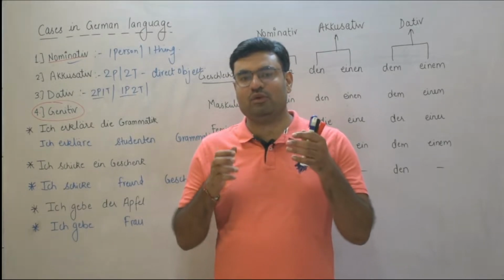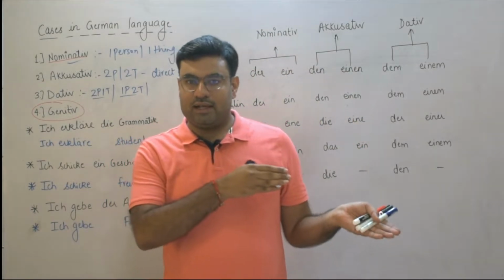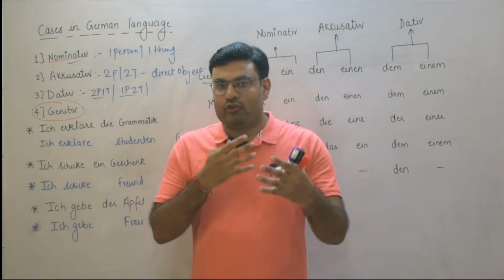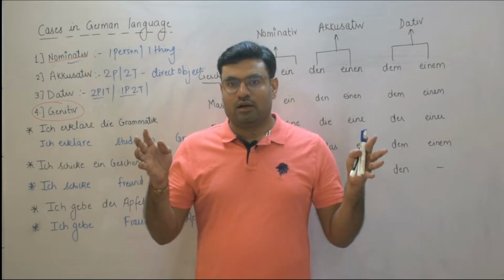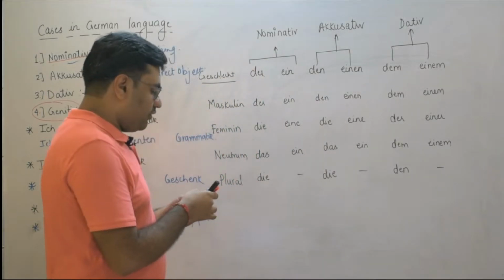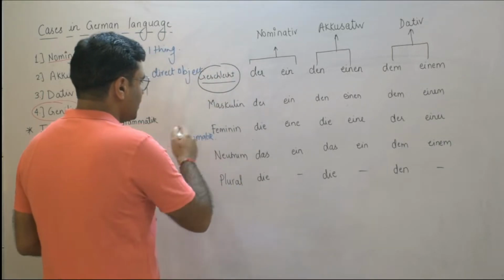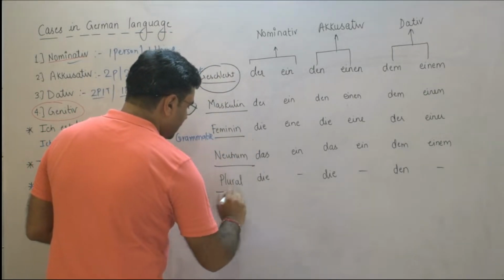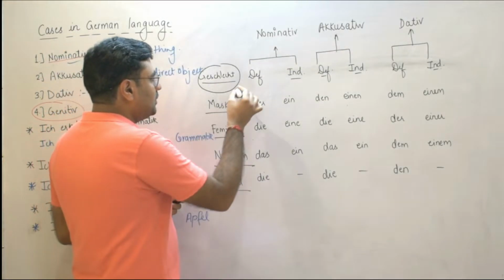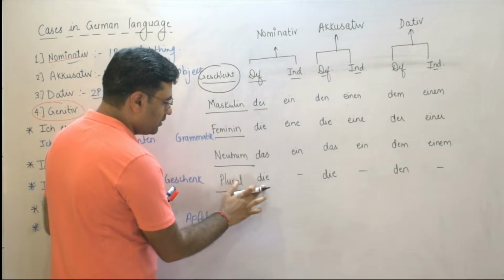Similarly, in the dative case we have articles, both definite and indefinite, which provide the correct formation of the sentence in the dative sense. Yesterday we learned the genders, Geschlecht: masculine, feminine, neutrum and plural. When I use the definite article, I know it is der for masculine, die for feminine, das for neutrum and die for plural.